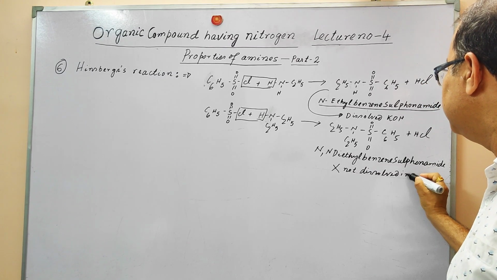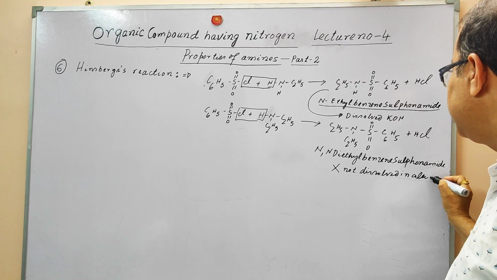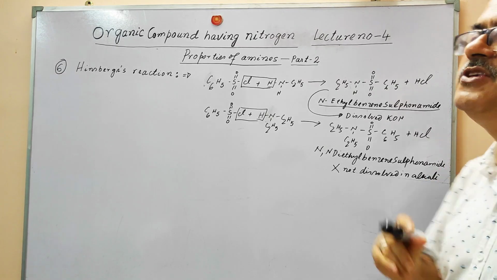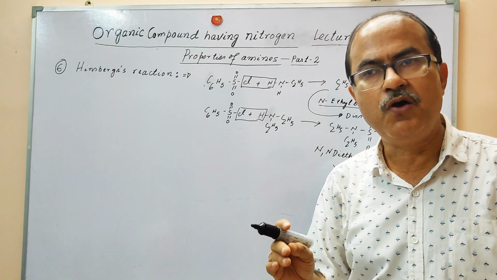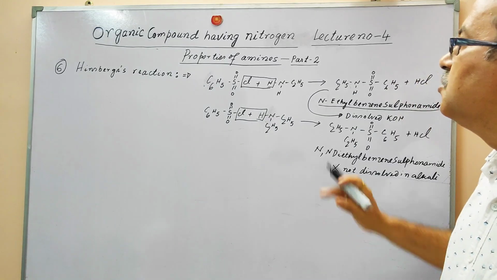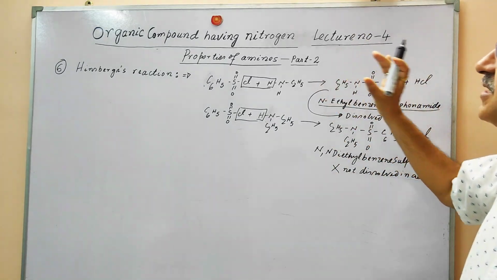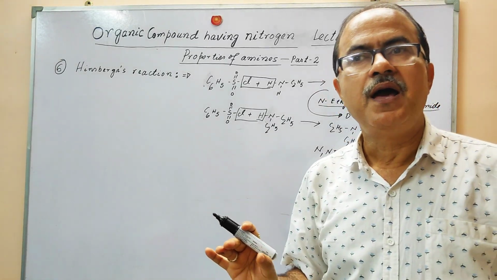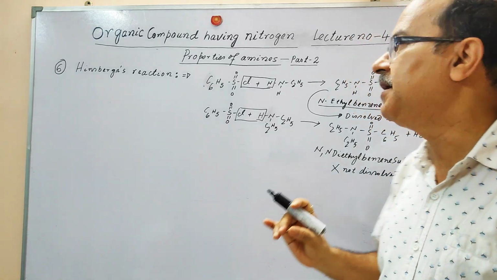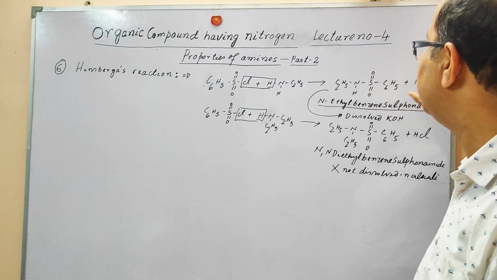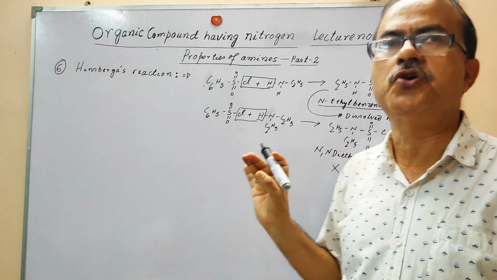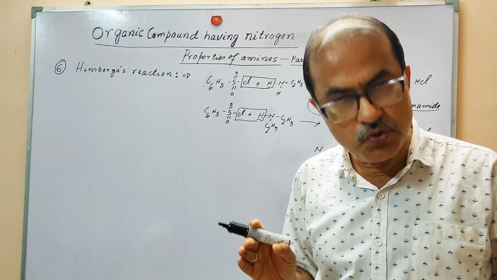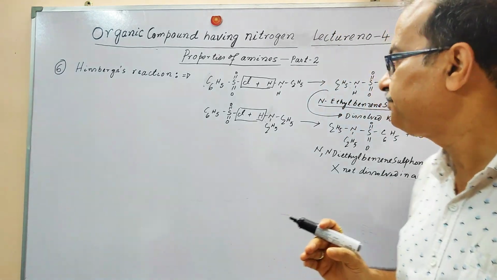So what happens if there is a mixture of these two compounds, 1 degree and 2 degree? After the production of these, one will dissolve, but the other will not dissolve. So we are able to separate them.